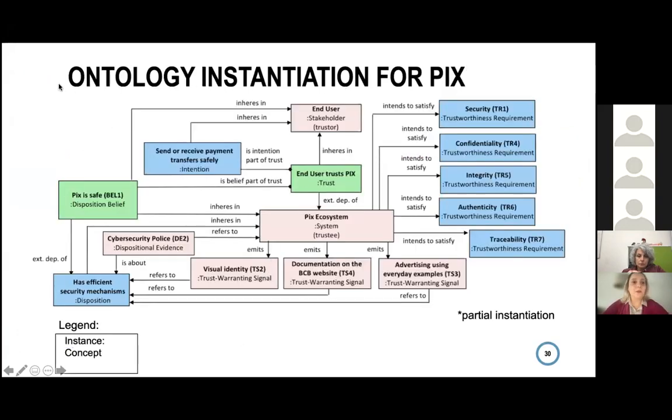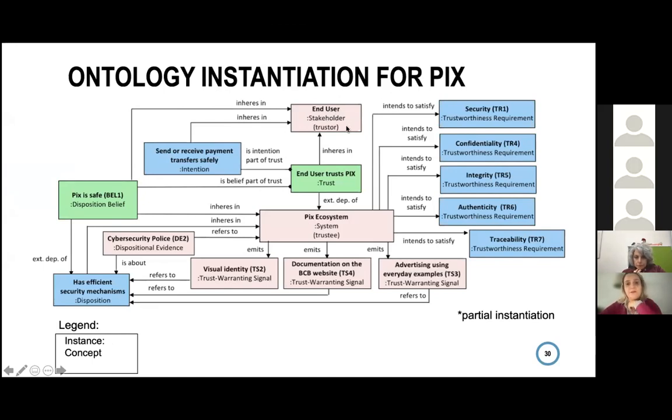So this is a model of the instance of the ontology, right? Here we represent, this is not made in any specific language, it's a language that we created ourselves. It resembles UML, but it's not. So here we actually have the instance, for instance, end user, and the concept, right?